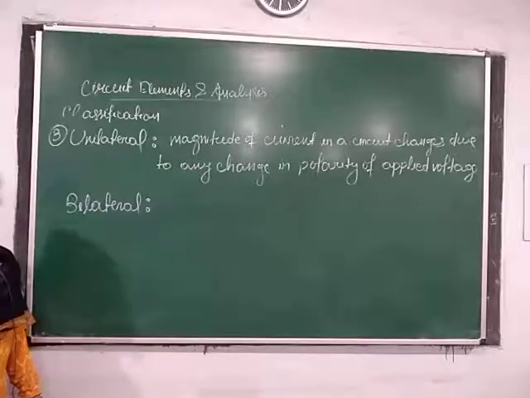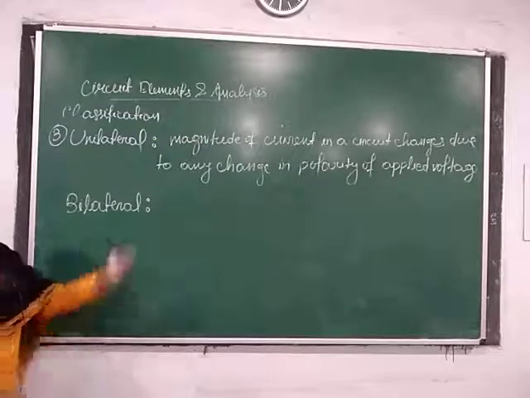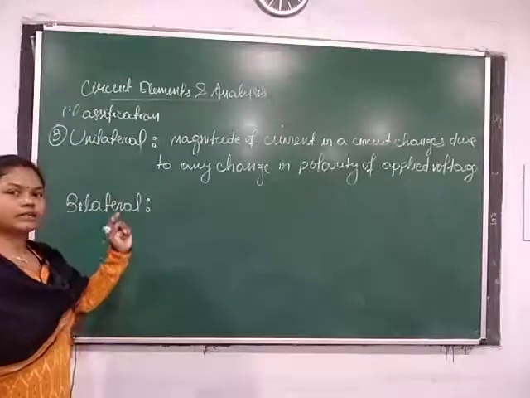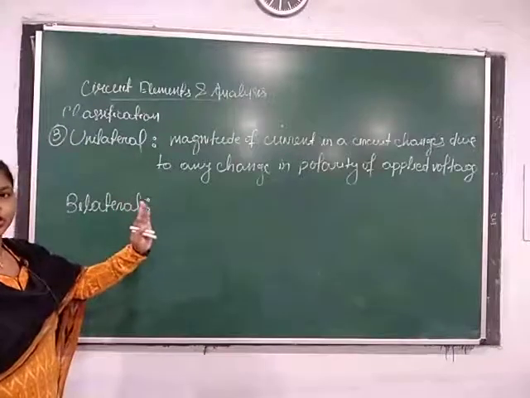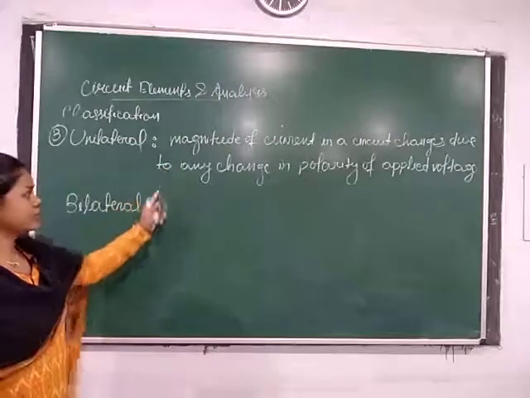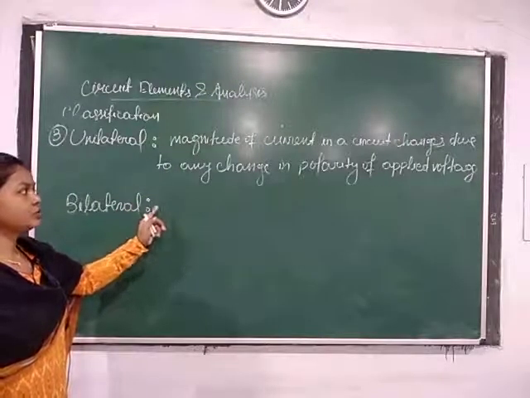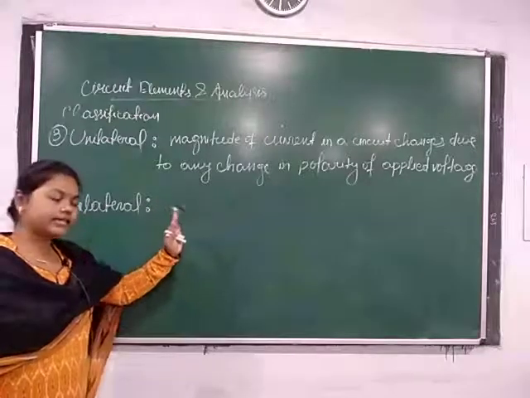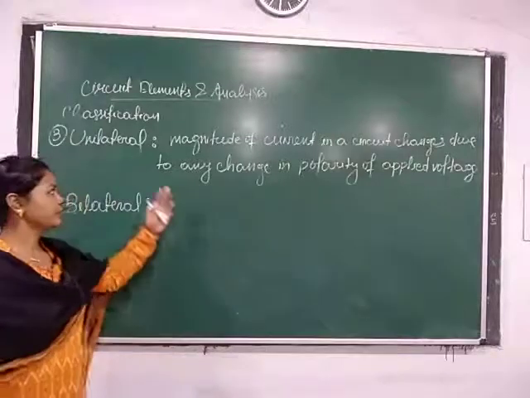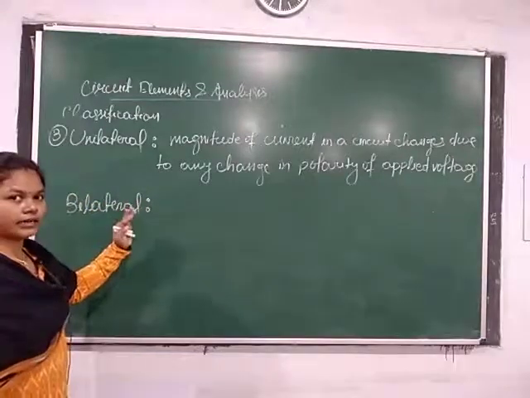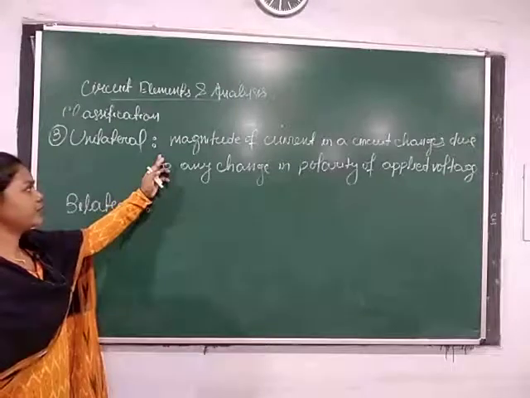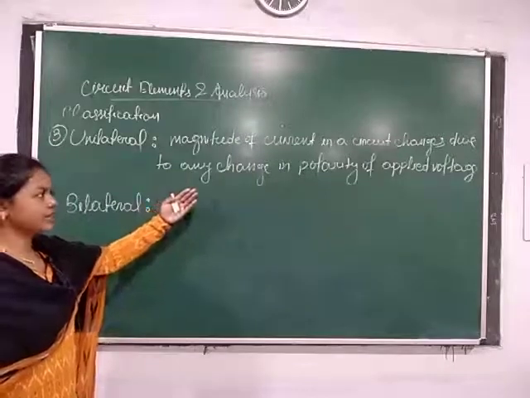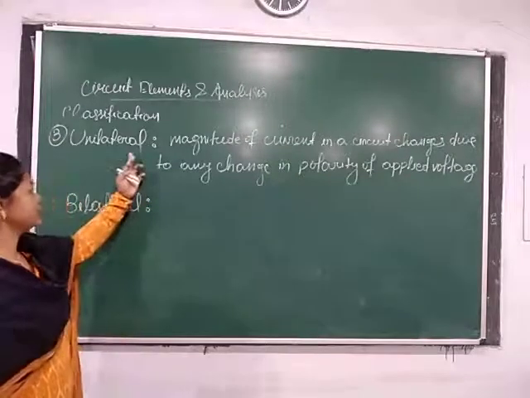Now the definition of bilateral element. An element is said to be bilateral when the magnitude of current through the element does not change due to any change in polarity of applied voltage. The alternative definition is that if the impedance of the element changes with change in either voltage or current, then it is unilateral.